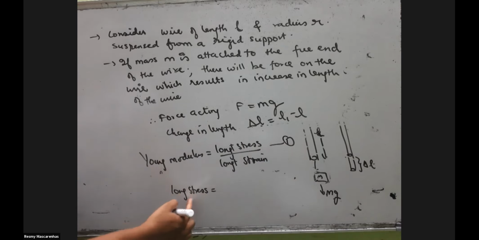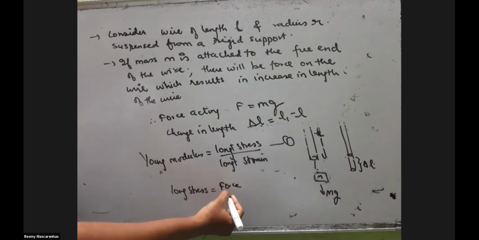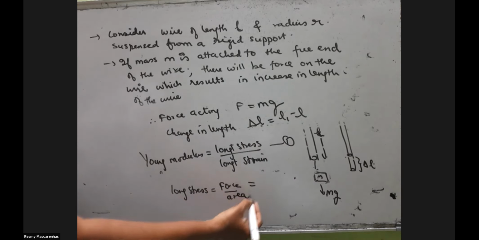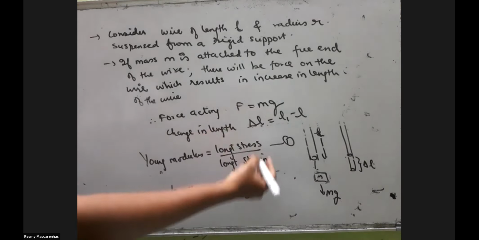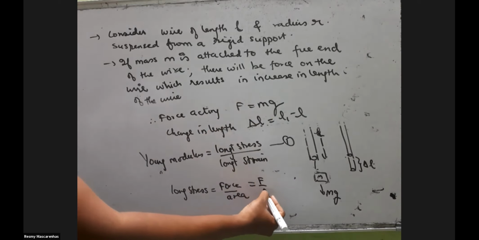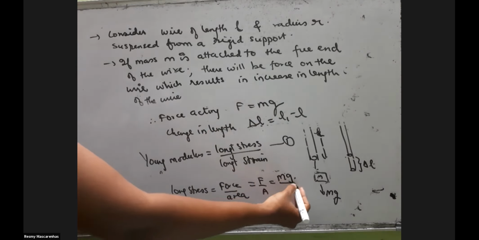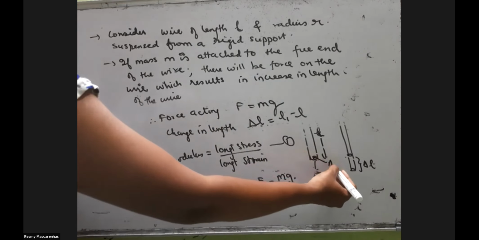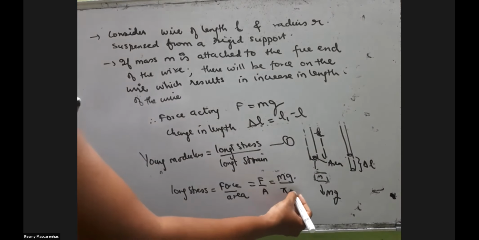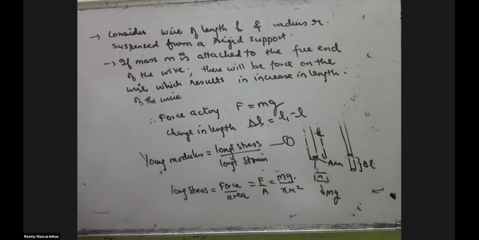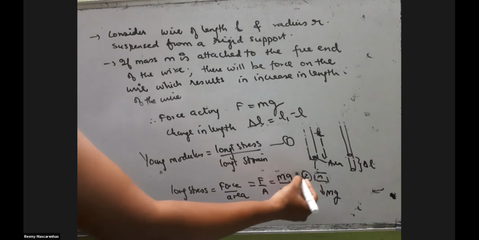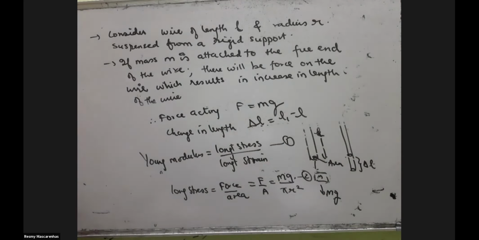So let us calculate what is longitudinal stress. We know the formula of stress, force upon area. So force is nothing but mg, and this is your area, which is pi r square. So mark this as 2. Just 2 more steps left and then wind up.